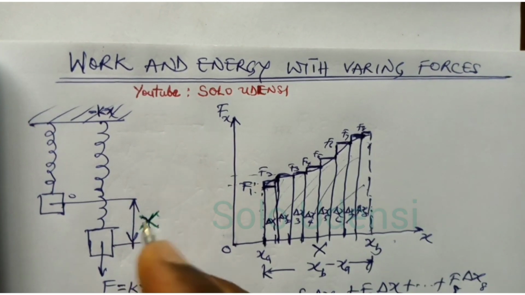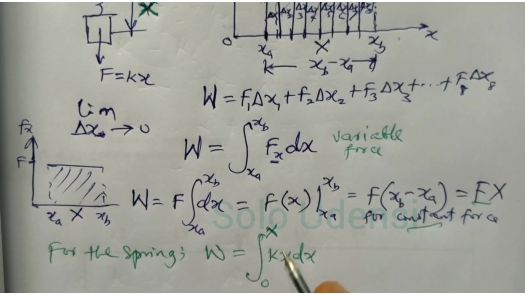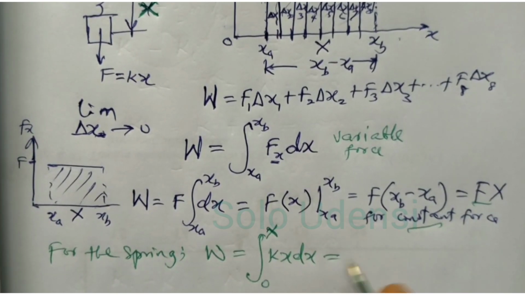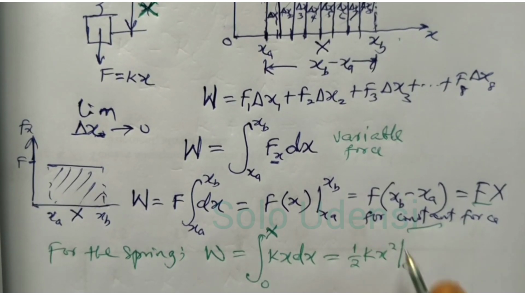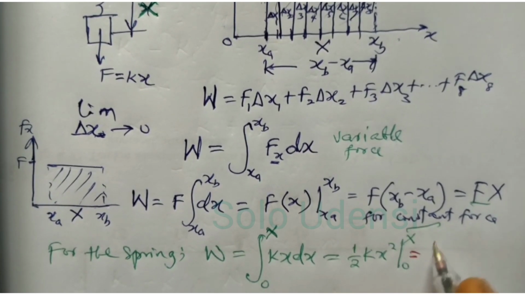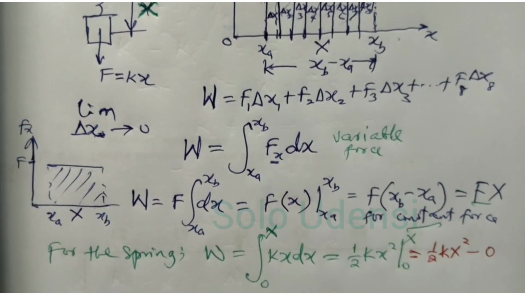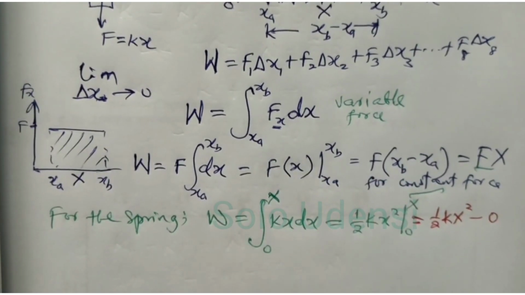Let me put it capital X also, so that we have capital X here. If we integrate this, you have one over two kx squared from 0 to capital X, and that is equal to one over two kX squared minus 0. So that is what you will get, and this is just the area.